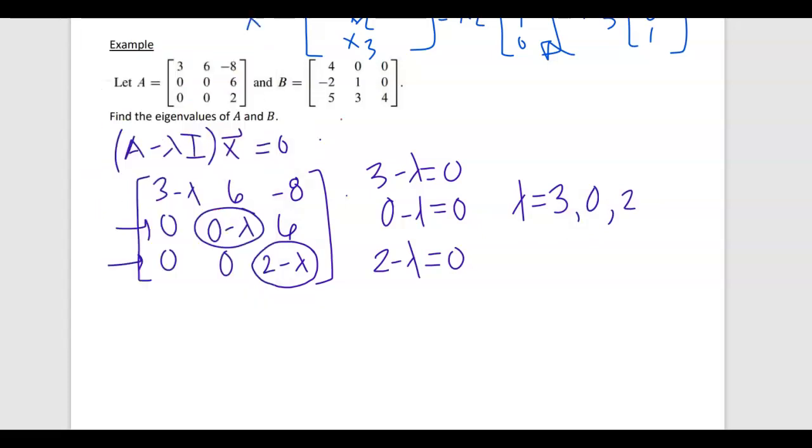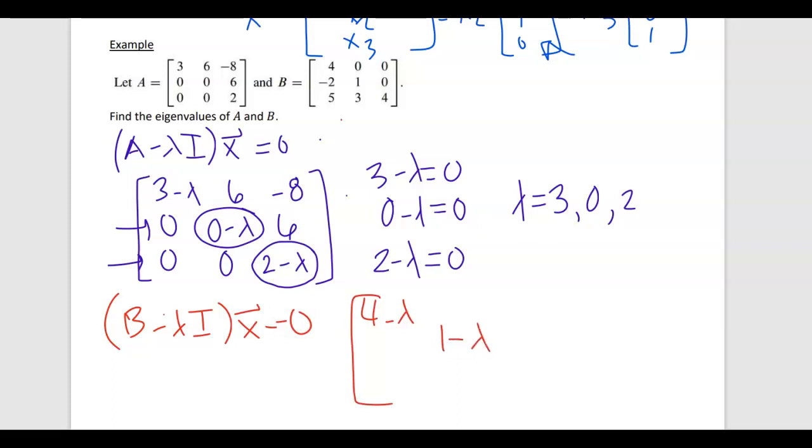If you look at B, the same thing is true. Now I have an upper triangular matrix, so B minus lambda I equal to 0 on the diagonals would be 4 minus lambda, 1 minus lambda, and 4 minus lambda.